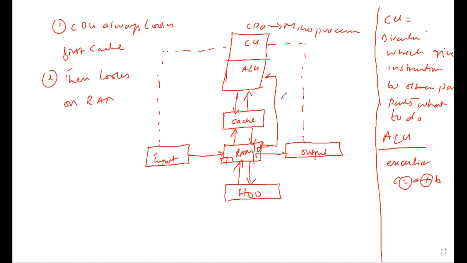Now remember, CU and ALU have their own memory that is called register, which comes in bytes. This is register. Got that? So this is the sequence. Instruction, data, and program are opened in RAM.